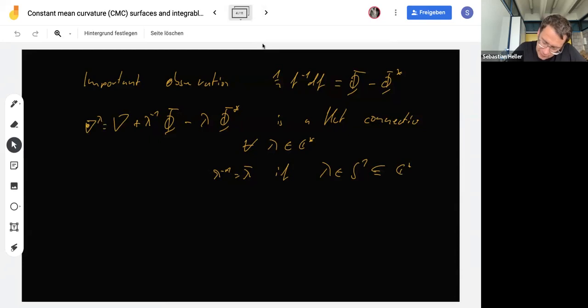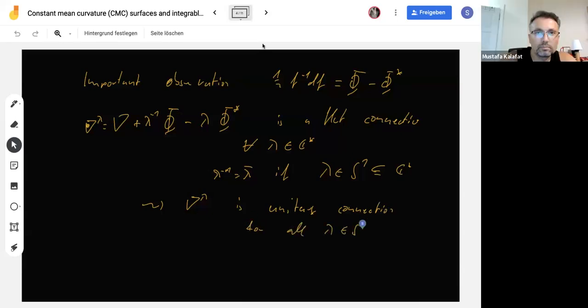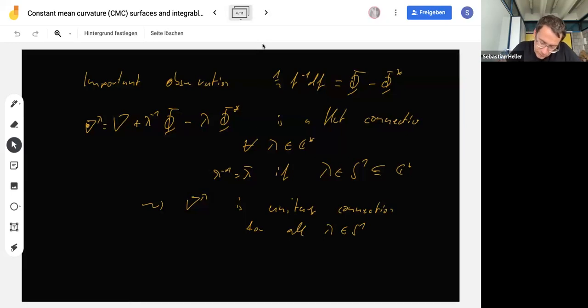So therefore, nabla lambda is a Hermitian or unitary connection for all lambda in S1. And the final observation is that for lambda is 1 and minus 1, nabla lambda is trivial.